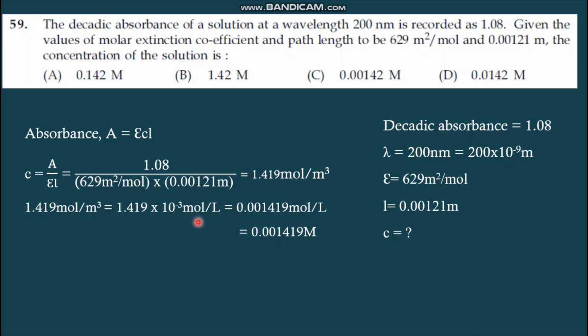So on dividing by 1000 we will get a value 0.00141 or 0.00142 molar. Mole per liter is molar, and this conversion you have to always remember, mole per meter cube to mole per liter. Because we have an option here 1.42 molar, and if you write mole per meter cube as molar, it's wrong.